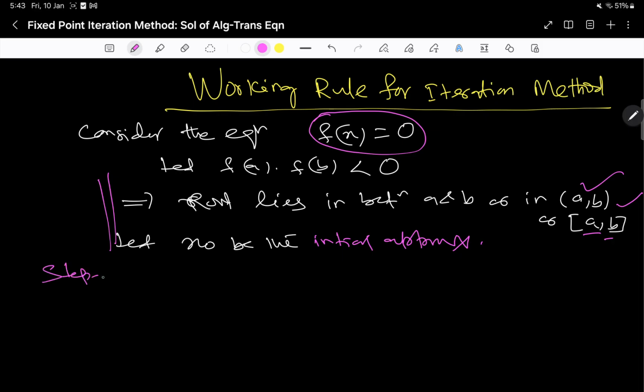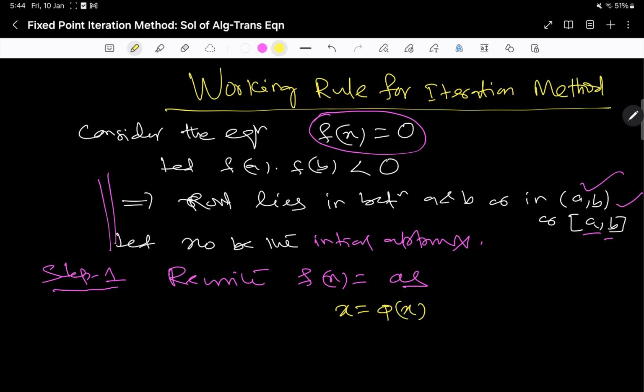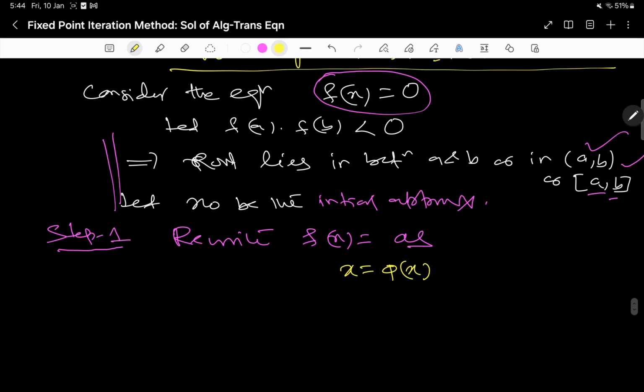Step 1: rewrite f(x) = 0 as x = phi(x), such that |phi'(x)| is less than 1 for all x in this interval.